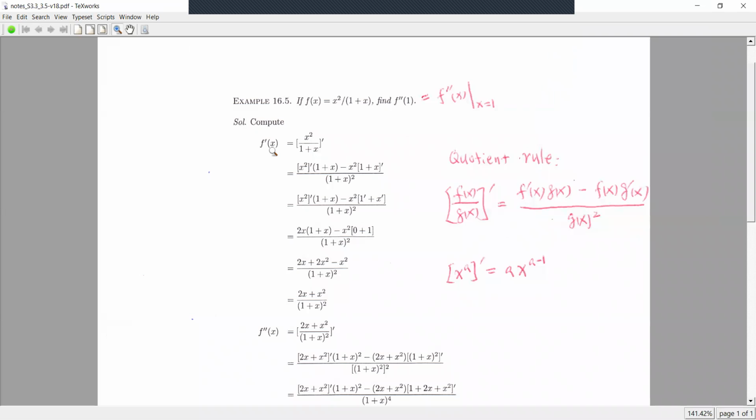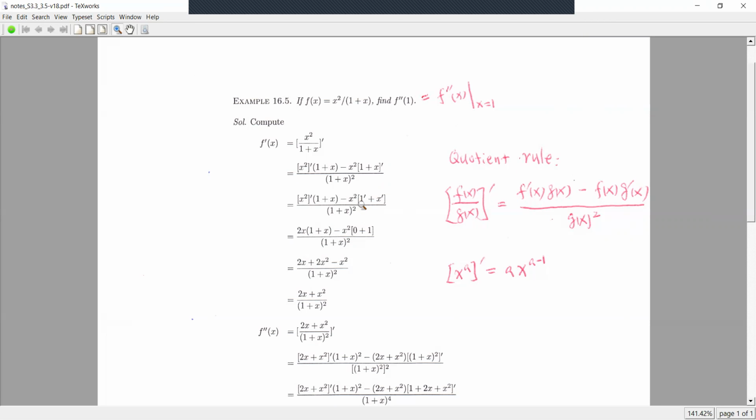Take the derivative of the function f. Function f is a quotient, so we apply the quotient rule to this derivative, and we have this equation. Apply the summation rule here, then we have this equation. Derivative of x squared is 2x.